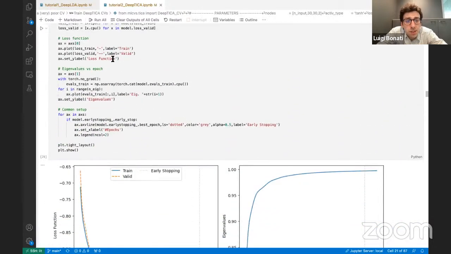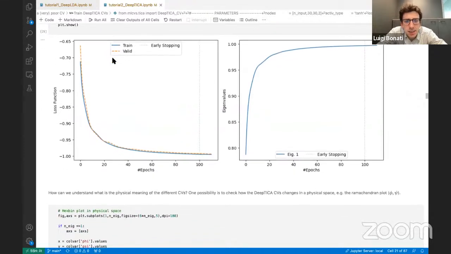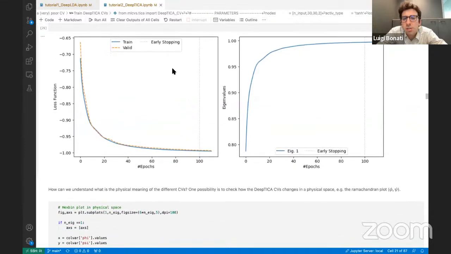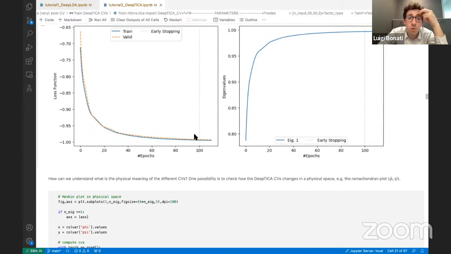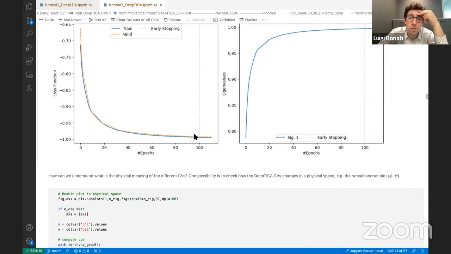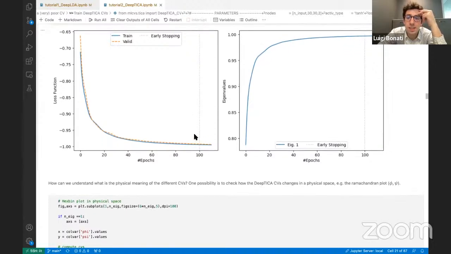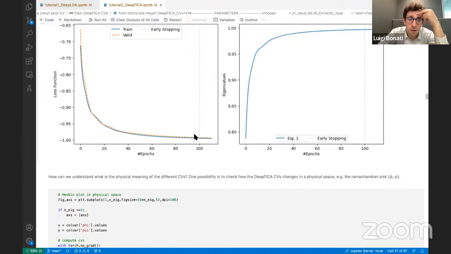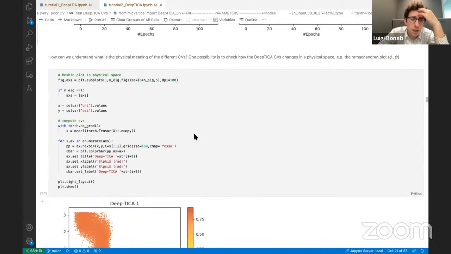Then we perform the training. We can see the training and validation score across the trajectory. As before, the loss function here is directly connected to the eigenvalues, which tell us how autocorrelated the resulting variables are. Because what we want to do here is to find the maximally autocorrelated functions from the biased trajectory.